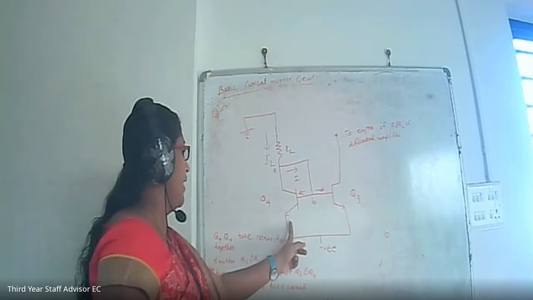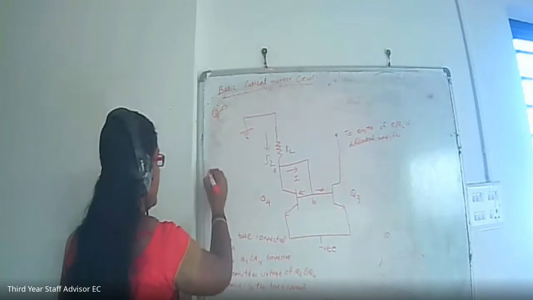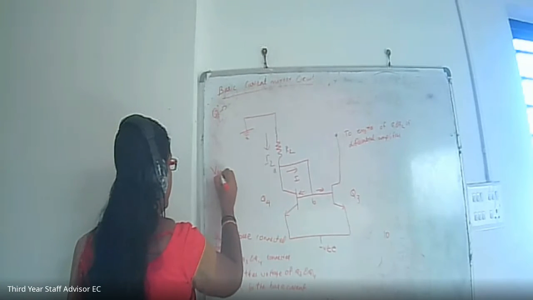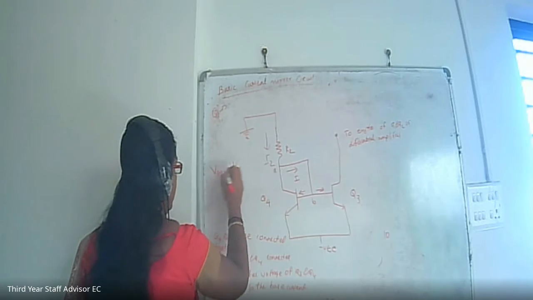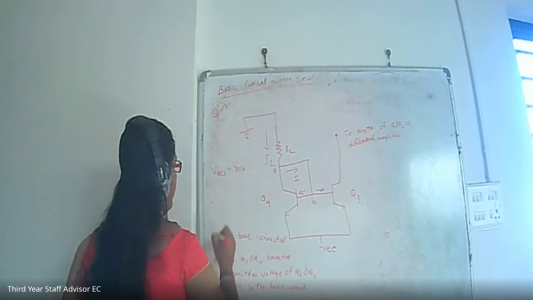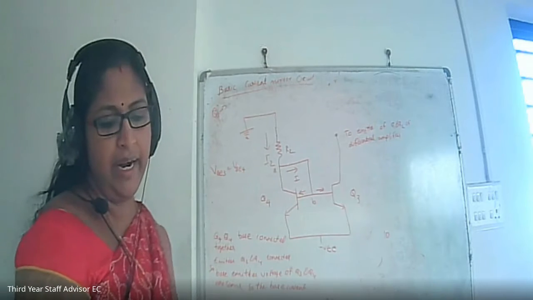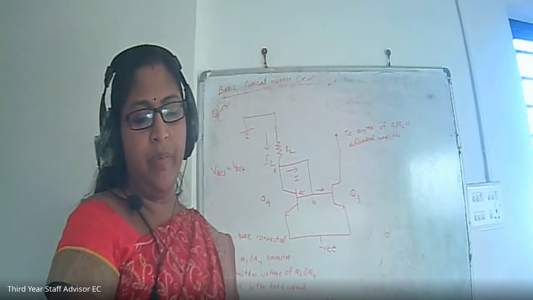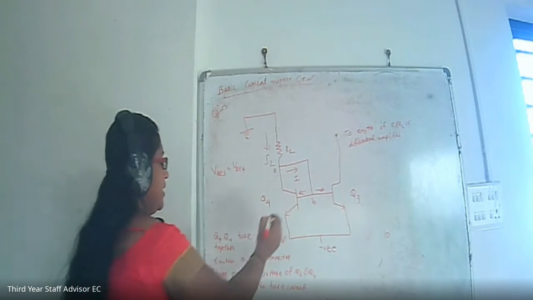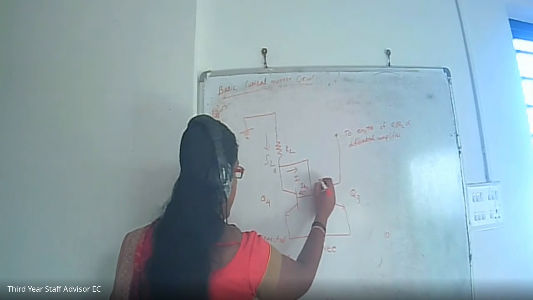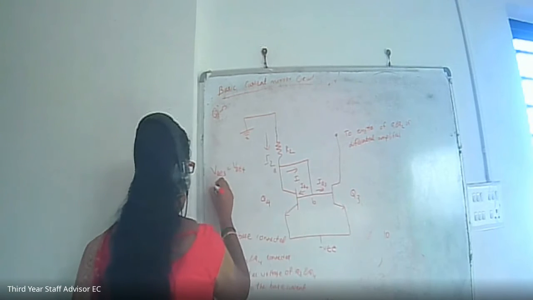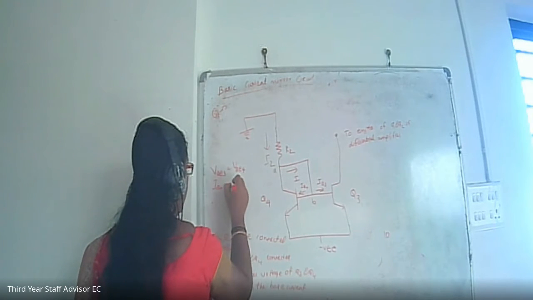The base emitter voltage of Q3 can be represented as VBE3. Similarly, the base emitter voltage of the fourth transistor Q4 is written as VBE4. So you can write VBE3 equal to VBE4. Similarly, if this is IB4 and this is IB3, then you can also write IB4 equal to IB3.